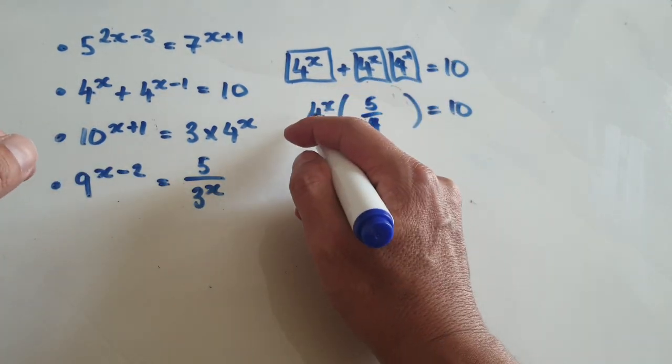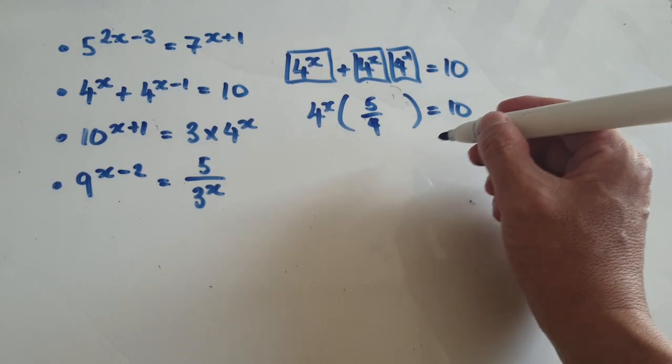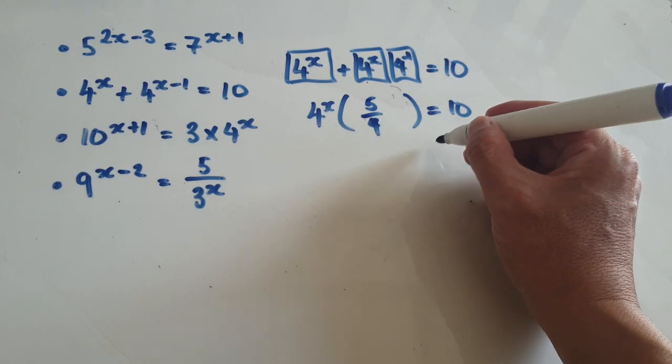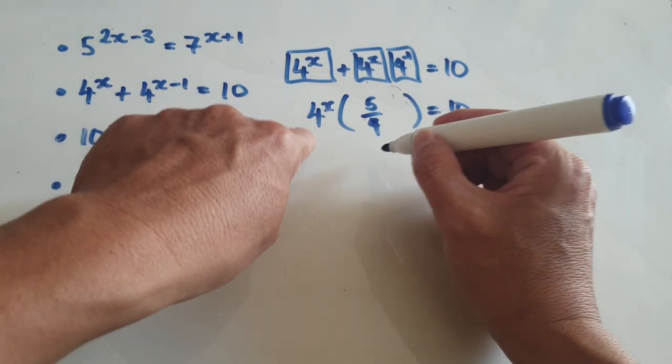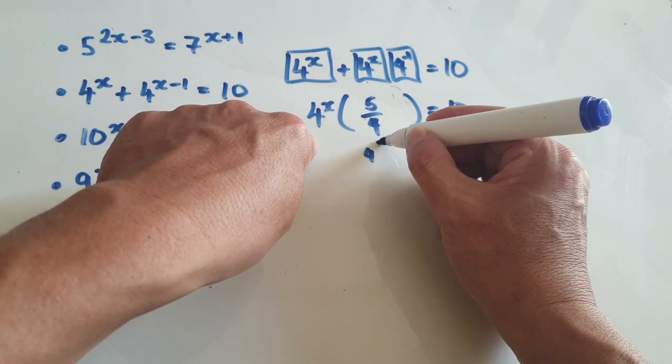And then now you want to get this on its own, so let's divide both sides by this thing here. In your mind, there are lots of ways of doing this. In your mind, picture this thing gets multiplied to the top.